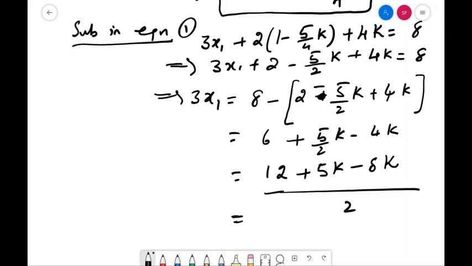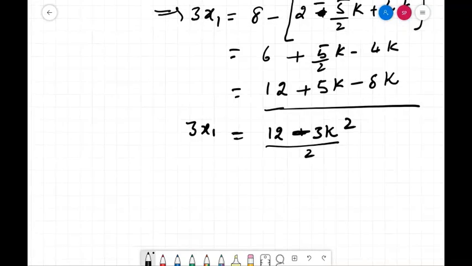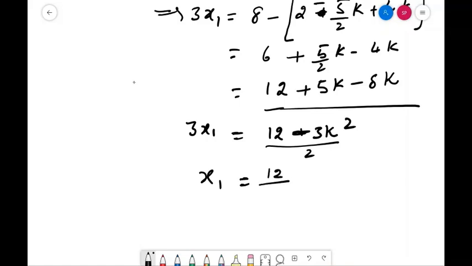So 3x1 is equal to 12 by 2, so I have 12 minus 3k by 2, or I can say x1 is equal to 12 by 6 minus 3k by 2 into 3. So this is 2 minus k by 2.